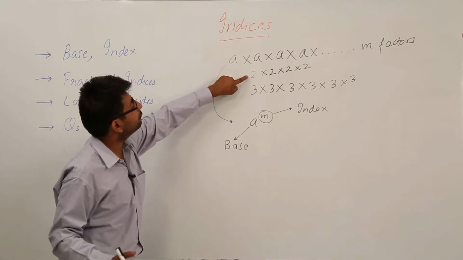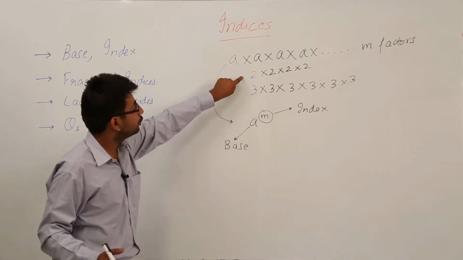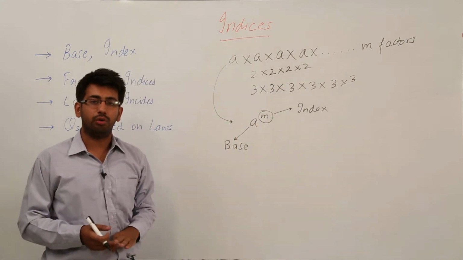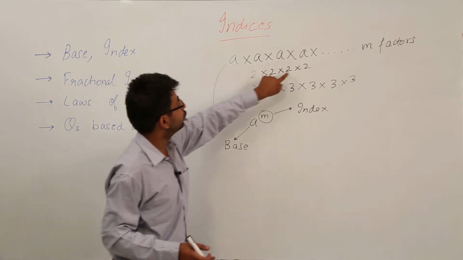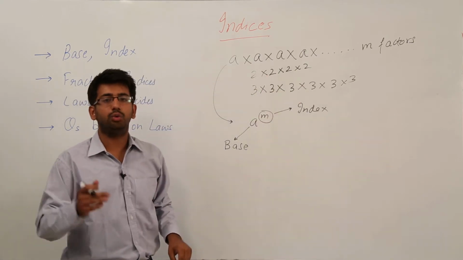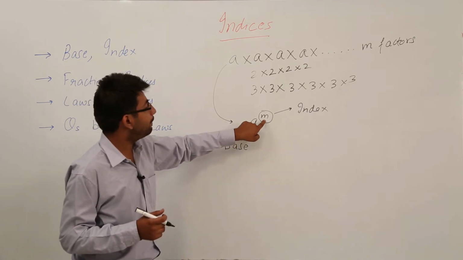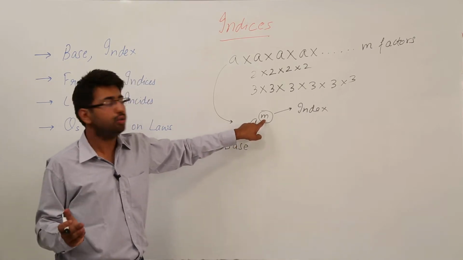For example, if we have to express 2 into 2 into 2 into 2 in this form, here m is equal to 4, because we have four 2's, and a is equal to 2. That means my base is equal to 2 and my power or index is equal to 4.